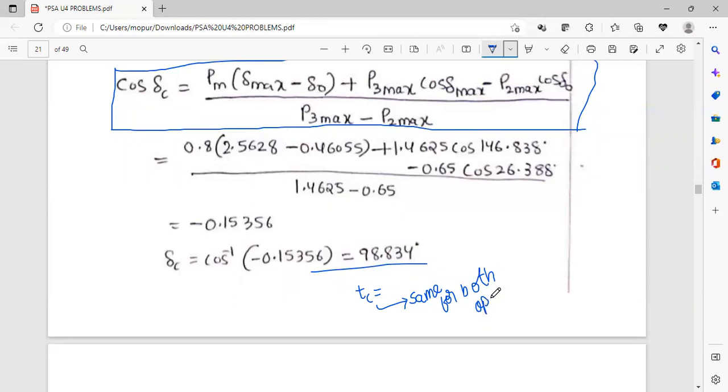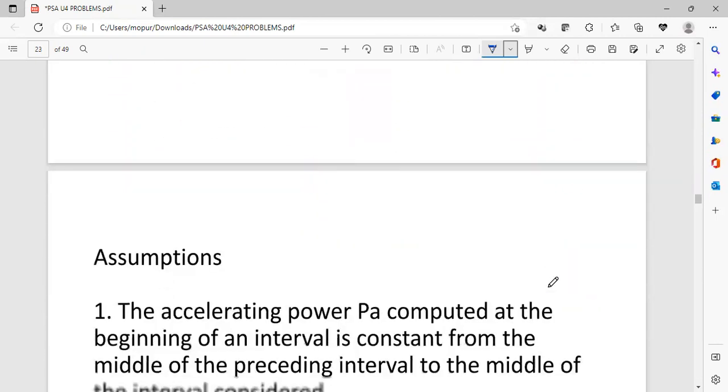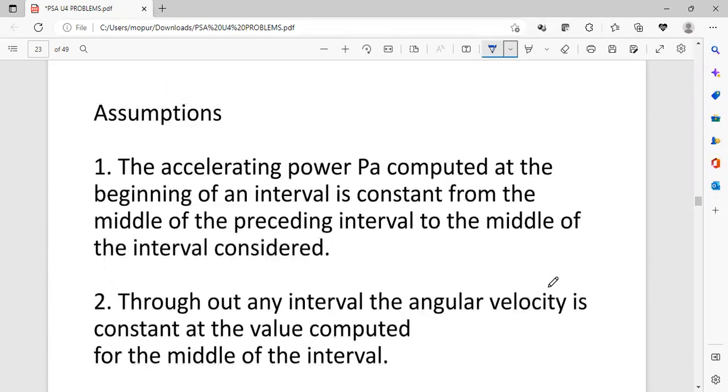Now, let us see how to obtain the solution of the swing equation using three methods, that is the step-by-step method, the modified Euler method, and the Runge-Kutta method. First is the step-by-step method. In the step-by-step method, first let us see what the assumptions are.